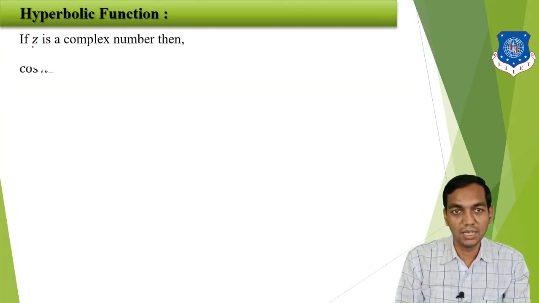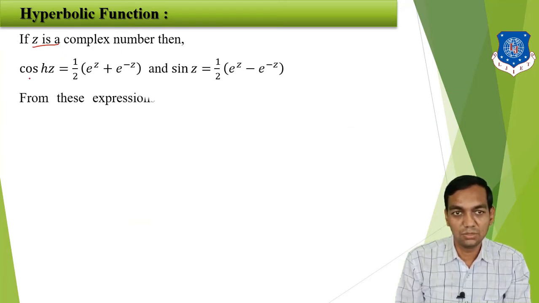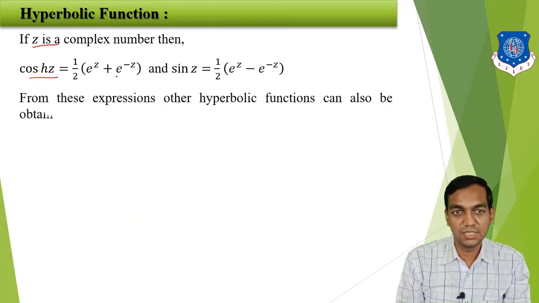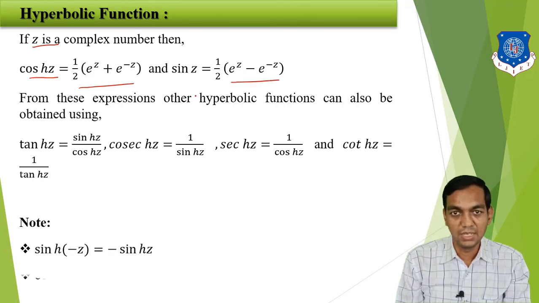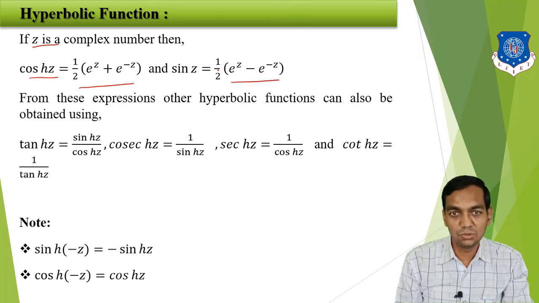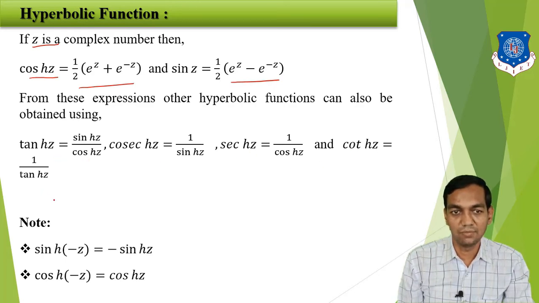Now we are going with a hyperbolic function. If z is any complex number, then cos hyperbolic z is e raised to z plus e raised to minus z divided by 2, and sin hyperbolic z is e raised to z minus e raised to minus z divided by 2. And using these 2, we can define all other hyperbolic functions, such as tan is sine upon cos, cosec is 1 upon sine, sec is 1 upon cos, cot is 1 upon tan.